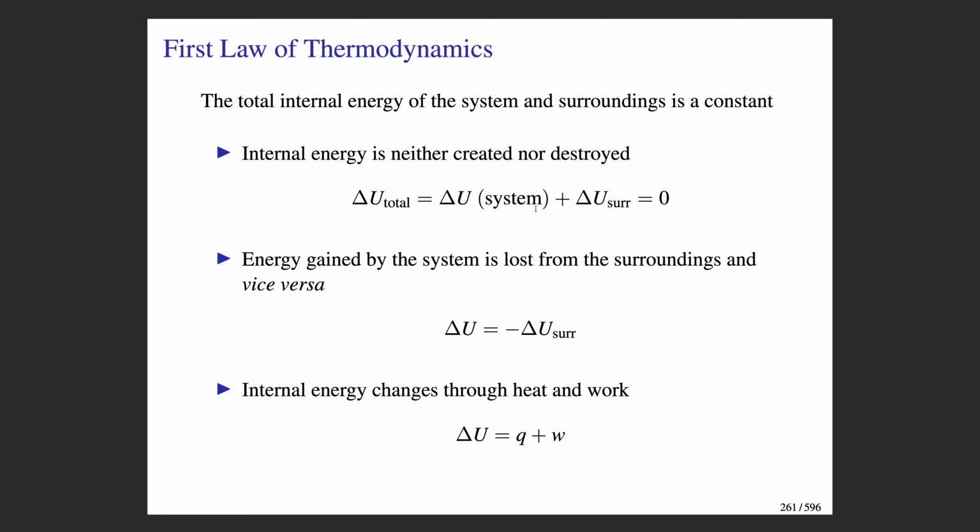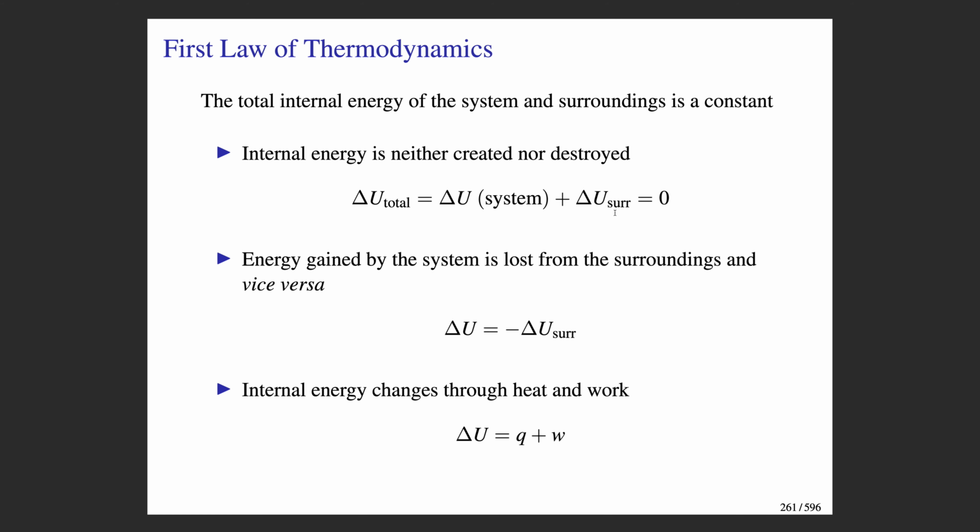I'll just make a comment about the notation. You'll see that I've included explicit subscripts for the change in the internal energy of the surroundings and the change in the internal energy of the total system. However, for the system, I didn't use subscripts. I put those in parentheses. The notational convention is that when you don't use a subscript, you're automatically referring to the system.